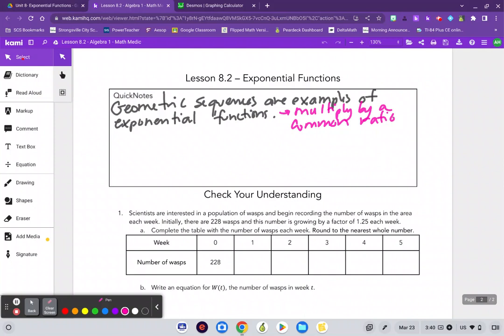And so when we talk about general forms, all right, so general forms of equations.